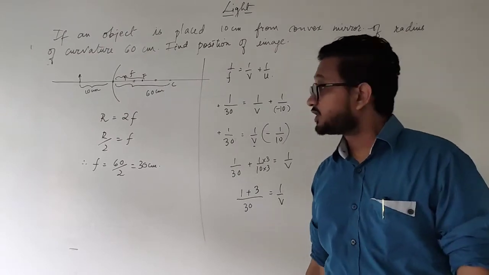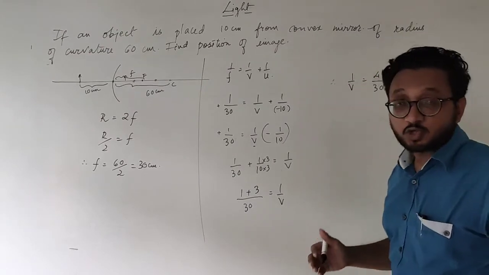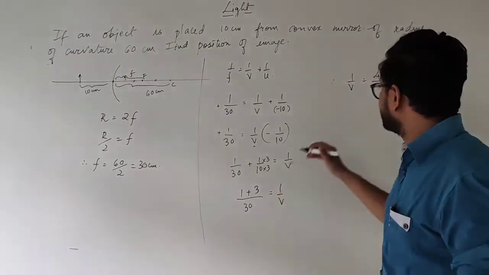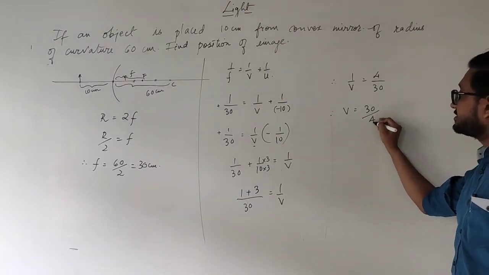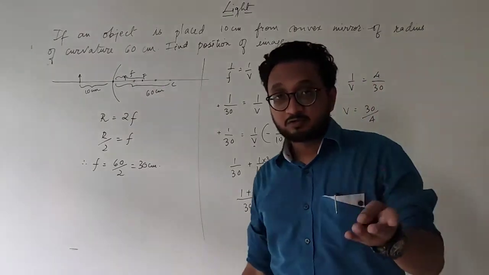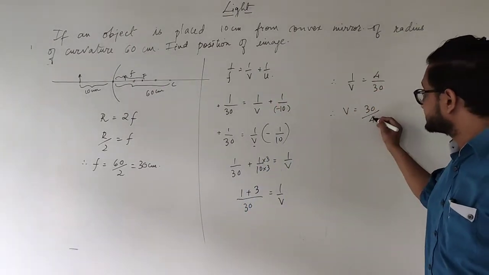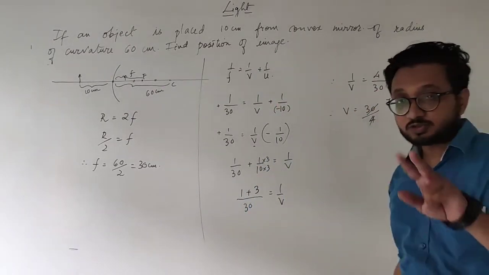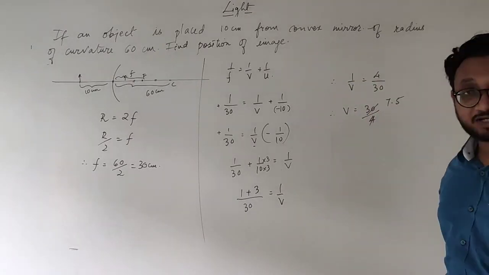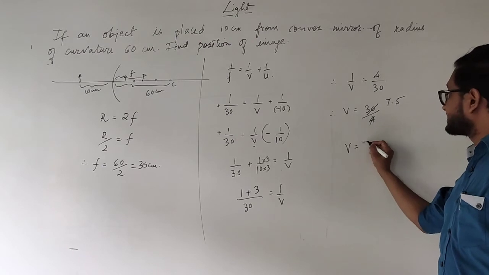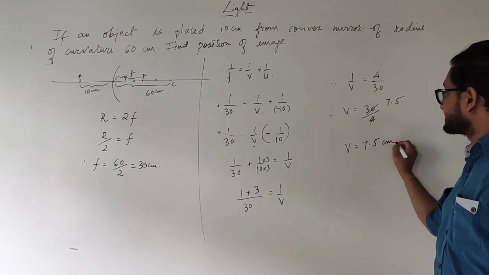But remember, you are not supposed to find 1 by v. You are supposed to find v. That is, you are supposed to take the reciprocal. So v is equal to 30 by 4. Table of 4, 4 7s are 28. 2 is remaining. So the decimal point, 4 5s are 20. So what you get is v as 7.5 centimeters.